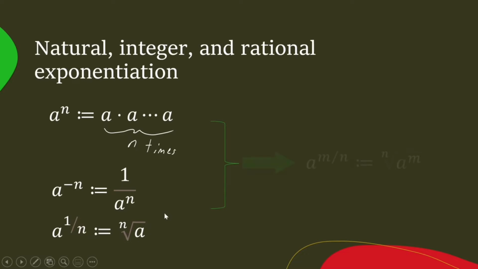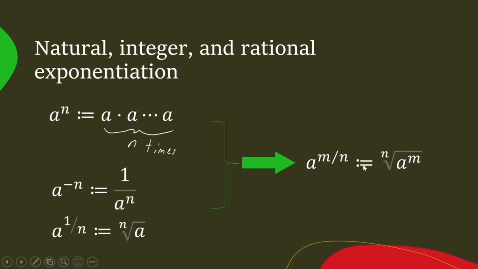Now, using these three examples together, it's not so hard to extend from these examples of integer exponentiation and basic fractions of this form to general fractions of this form over here. So any rational number, which is a ratio of integers m over n, can be expressed in this way.